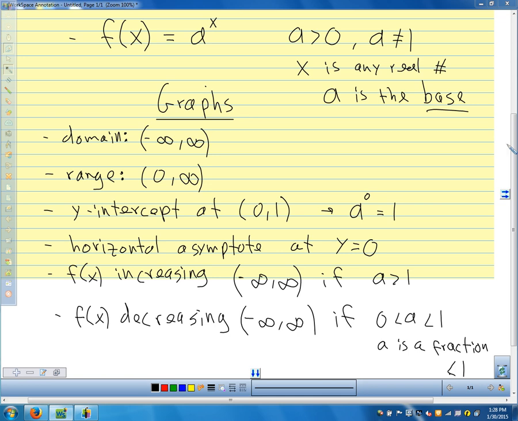Another really interesting thing about exponential functions is that if you let the exponent be a complex number, you get trig functions. So exponential functions become trig functions if the exponent is complex.